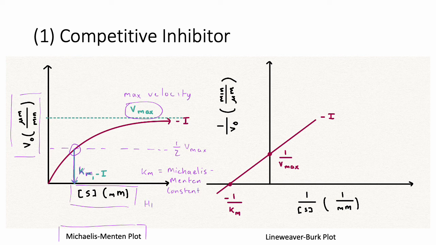A high Km means the substrate has a low binding affinity for the enzyme.